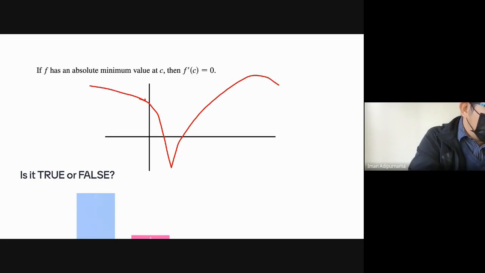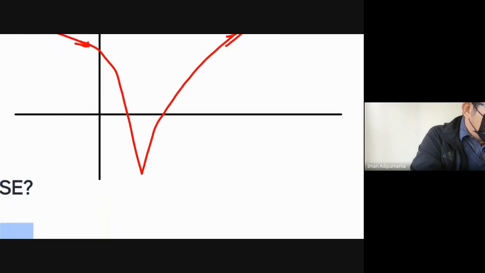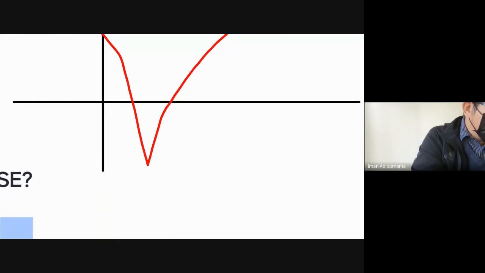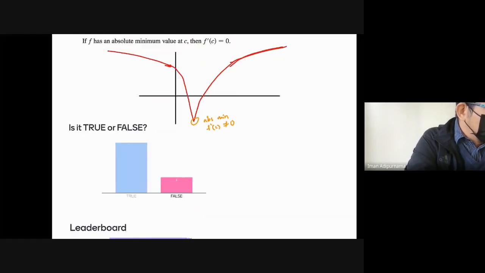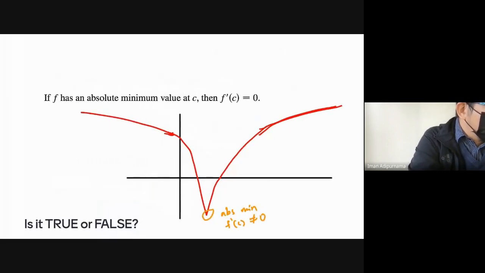It's going there. Here, at this point, this is an absolute minimum, right? But f prime c is not 0. So it's not necessarily true that if you have an absolute minimum, f prime c is equal to 0. Not always.